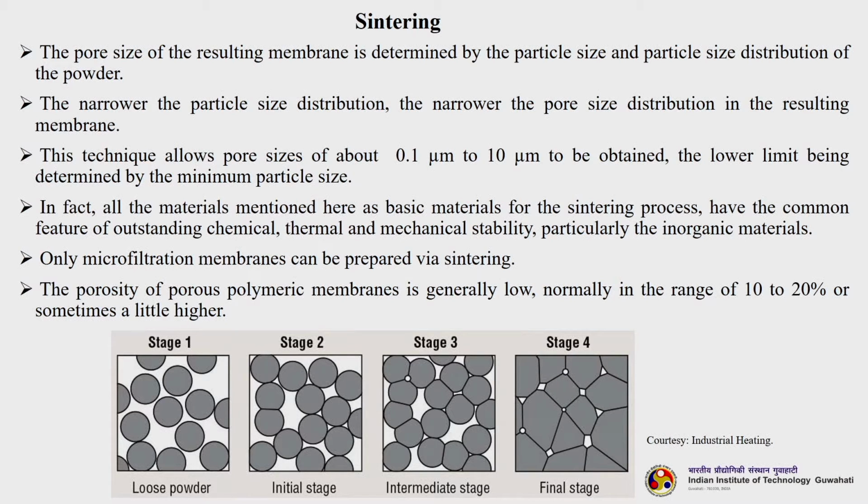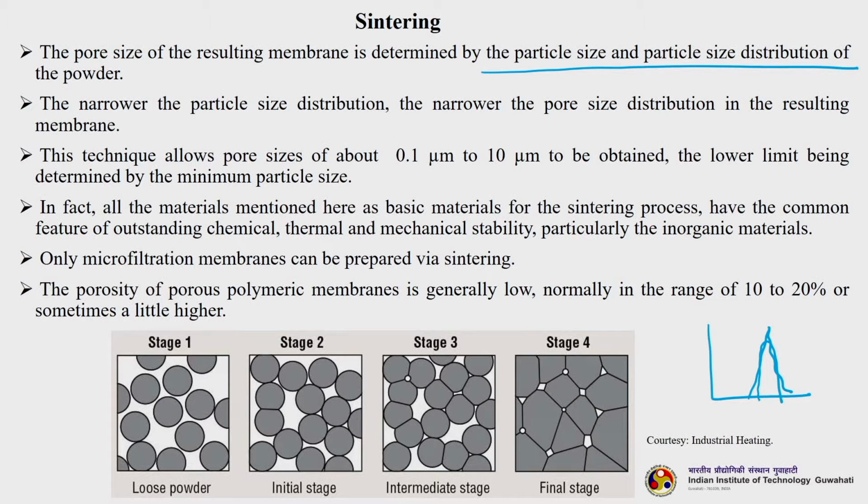Powder means the material from which you are going to make your membrane. So, the narrower the particle size distribution, the narrower the pore size distribution in the resulting membrane. If we get a very narrow particle size distribution, then we will also get a very narrow membrane pore size distribution.